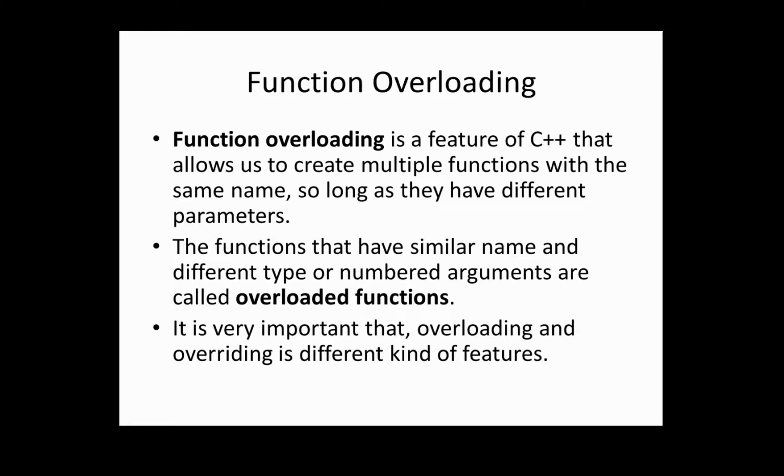The functions that have the same name and different type or number of arguments are called overloaded functions. It is very important that overloading and overriding are different kinds of features. We are going to see what overriding is too, but it is another section in this course.